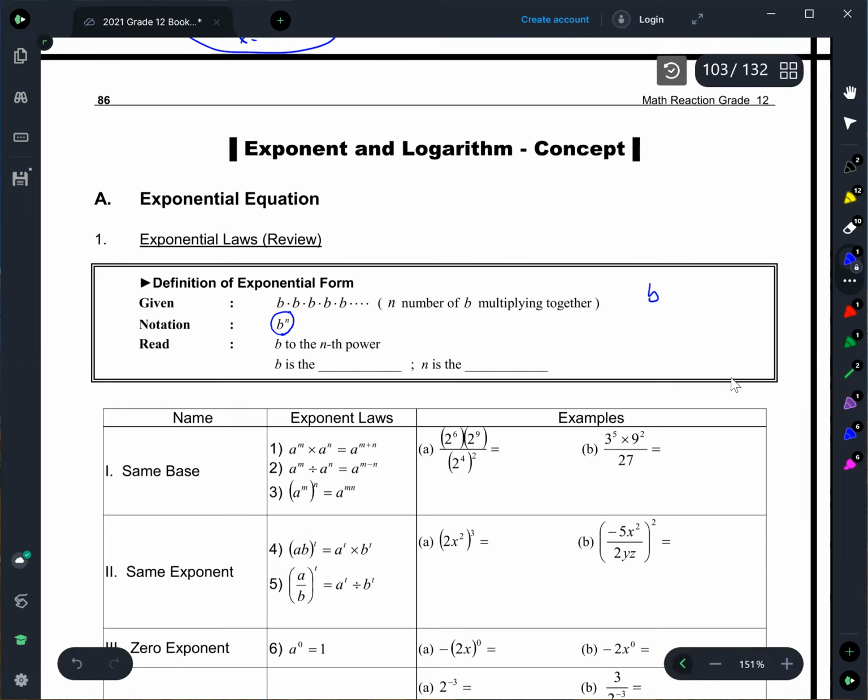So for example, b with a little 2, we say b to the 2nd power, or you can just say b squared. B to the 3rd power, or b cubed, right? And then after that is just b to the 4th, b to the 5th, right? B is called the base. N is the exponent. Okay, so you can write those down.